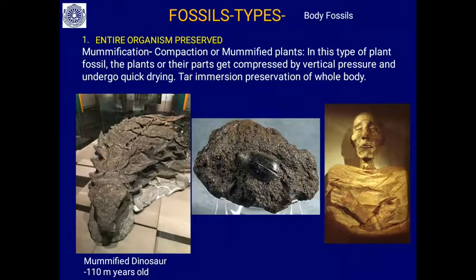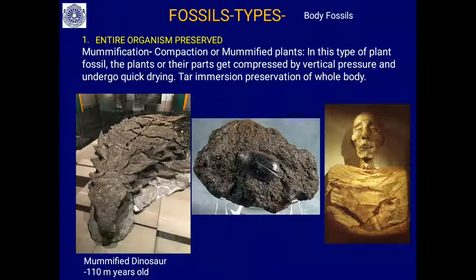Entire organism preserved in the form of mummies. So mummification, that is compaction or mummified plants. In this type of fossil, the plants or the animals or their parts get compressed by vertical pressure and undergo quick drying, pressurized quick drying.